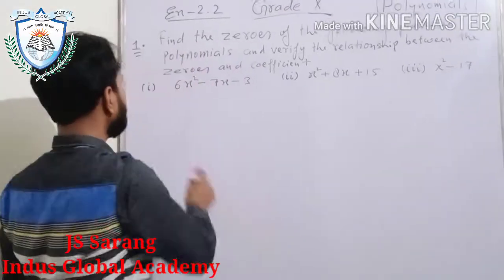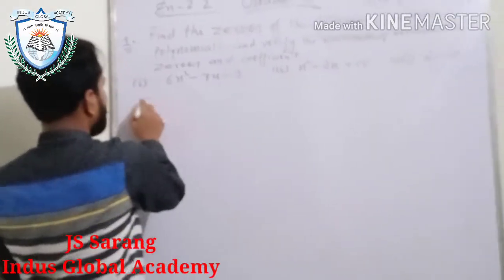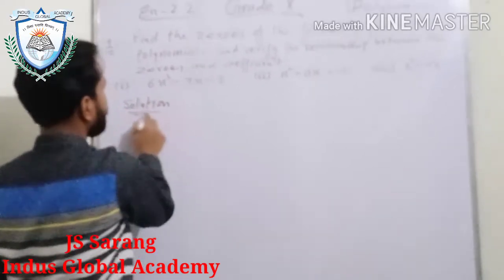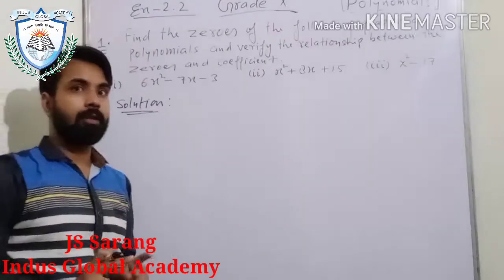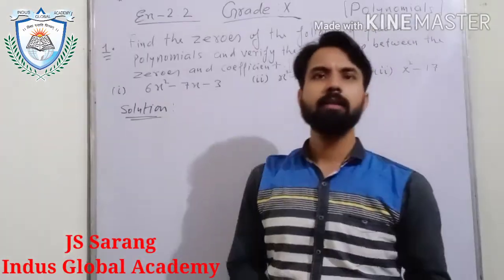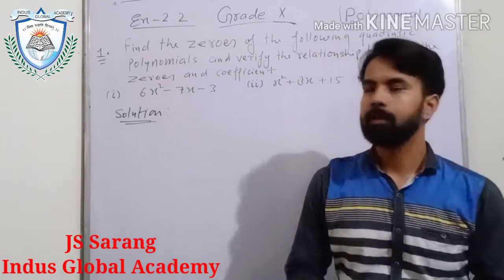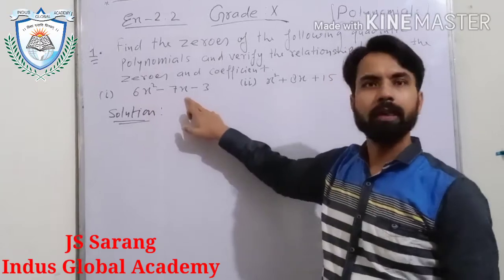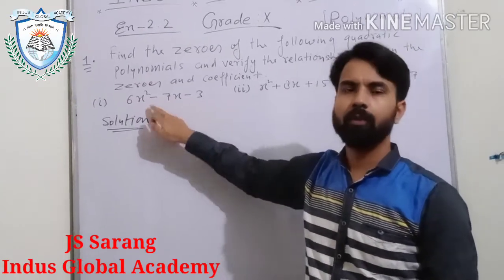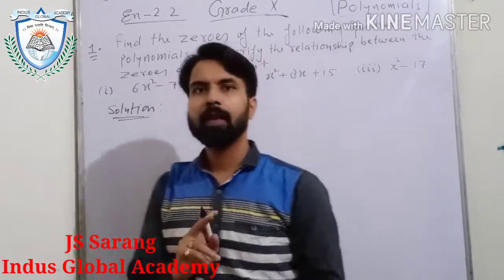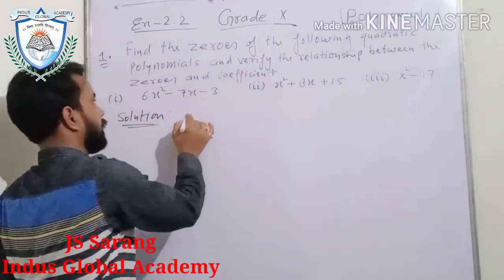So I am taking the first example. Solution of this: first of all, we will consider the given polynomial as p of x. In this polynomial, what is the variable? Variable is x. So we will consider this a polynomial of x.